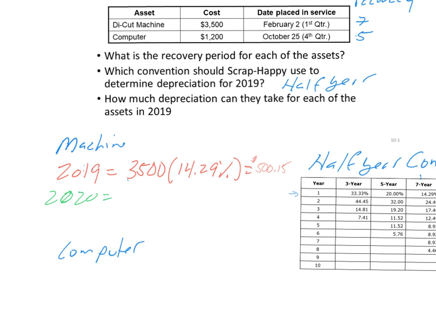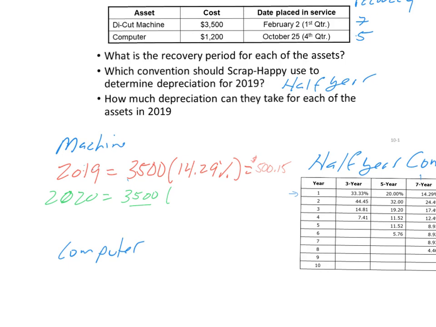Now, the cool thing about tax depreciation is you always start with what your cost or your initial basis was, or if you have a basis change in the middle, then you have to go with a different basis. But for the most part, you're always going to use that historical cost or your original basis as your base, if you will, for depreciation.